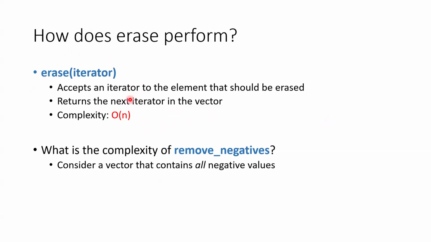Then if the erase function itself is O(n), what is the complexity of the remove negatives function? Remember that we are looping through the entire vector, and we are calling erase whenever we see a negative value.